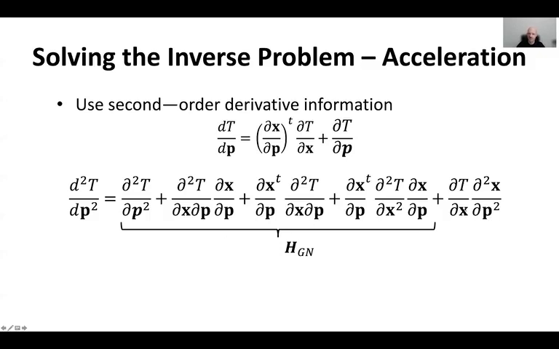So we can discard this term, and then instead of using just a gradient, we compute a search direction by solving a linear system with the Gauss-Newton approximation as the matrix, and the current gradient of the objective function as the right-hand side.